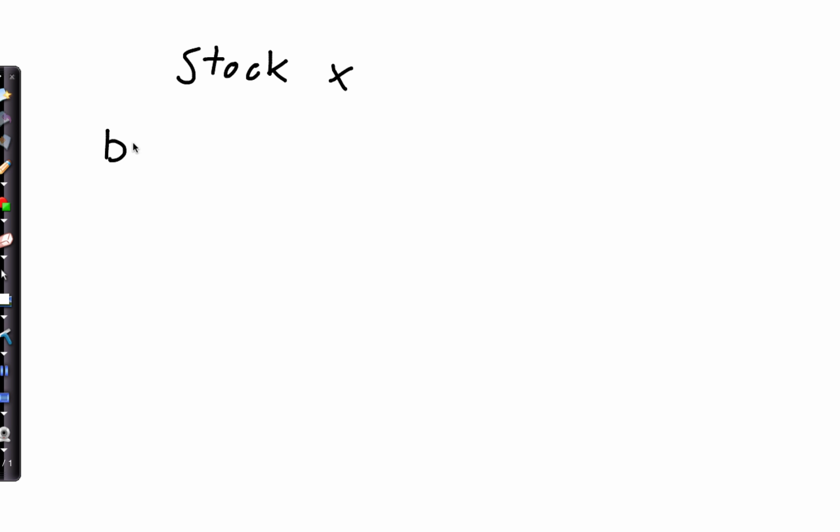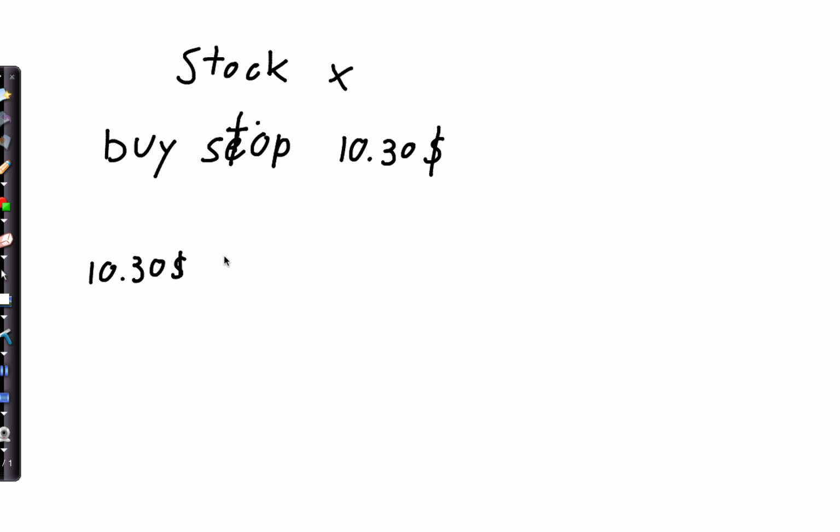And then you want to execute a stop order at, I don't know, 10.30. And suppose that 10.30 is here, okay, is this level, and currently the price is below, so it's trading here, right? And it's going up.